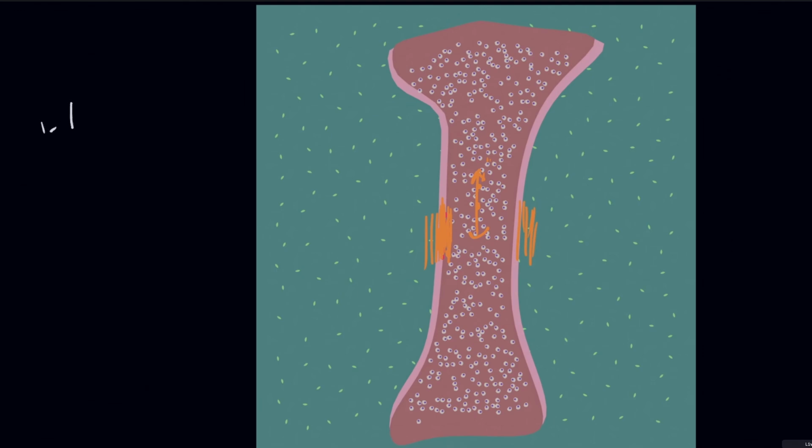First we talked about appositional growth, where the cellular layer of the perichondrium adds more layers of cartilage to increase the thickness. And second, within the stroma, within the material of the cartilage, the cartilage cells divide, proliferate and secrete matrix.